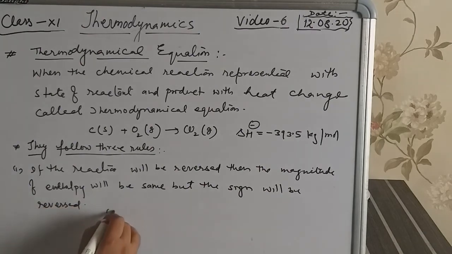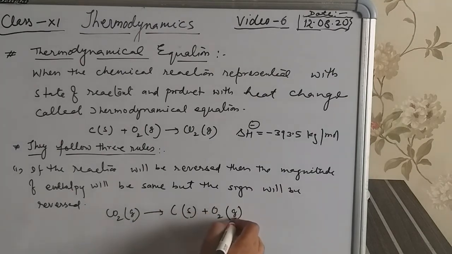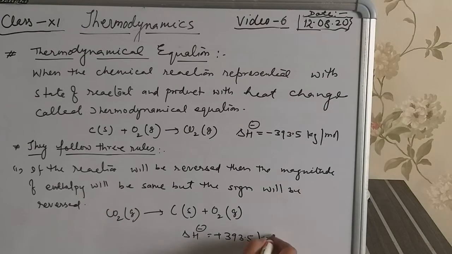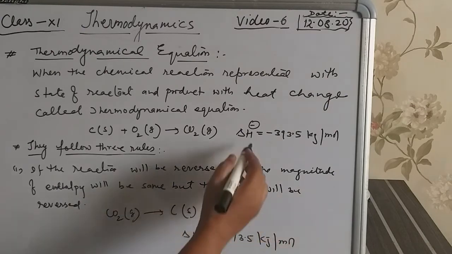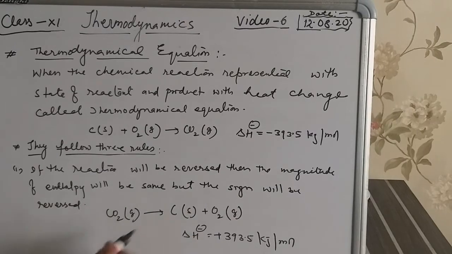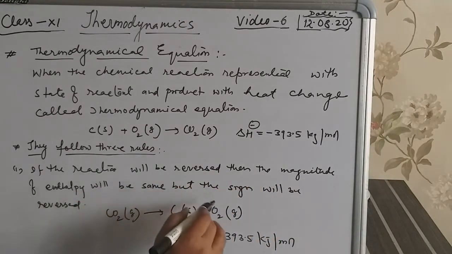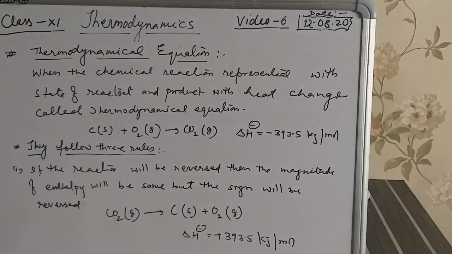Suppose carbon dioxide gas forms carbon solid and oxygen gas, then the sign will be reversed. This is plus 393.5 kilojoule per mole. Here we use minus, here we use plus. Only the magnitude of enthalpy will be the same, but the sign will be reversed.